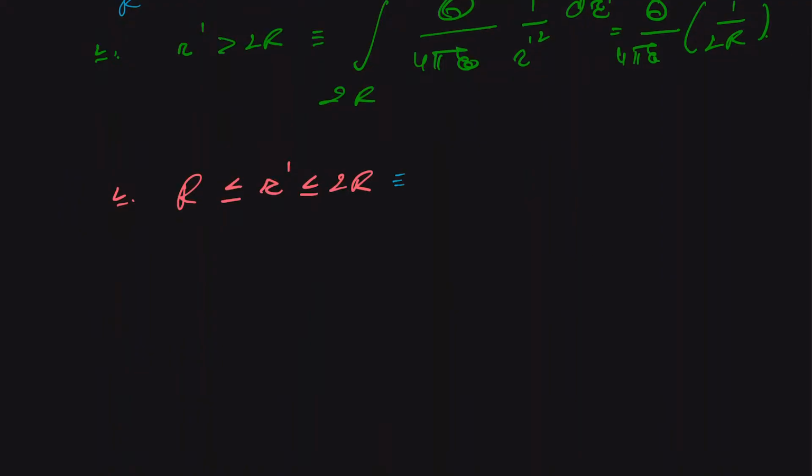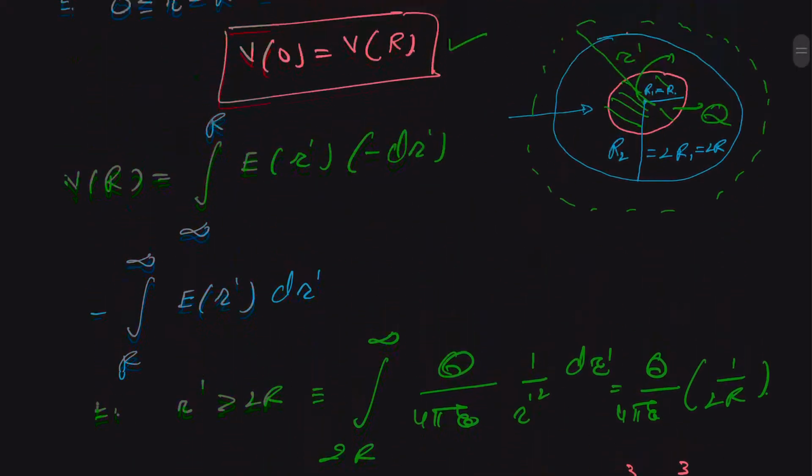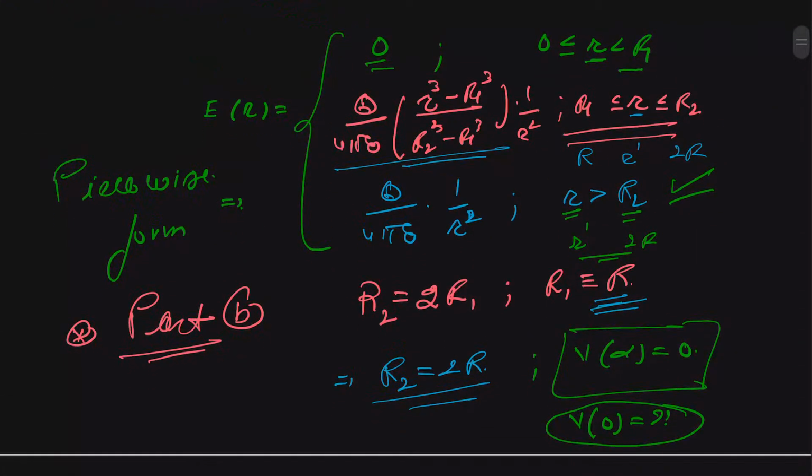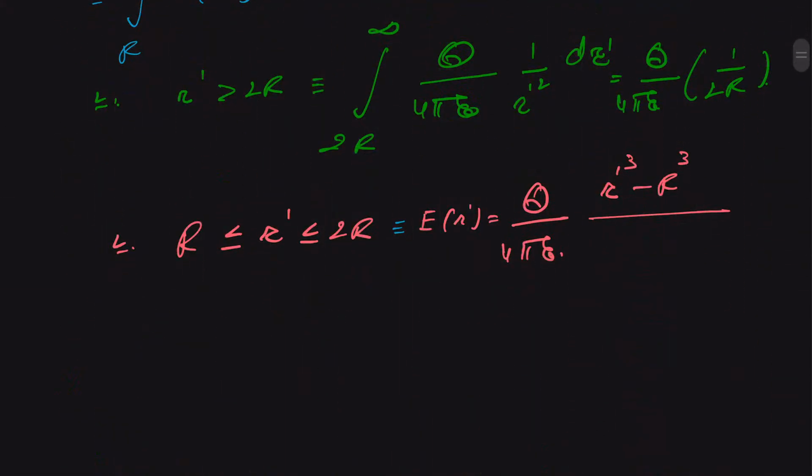Let me write it in terms of r': q upon 4 pi epsilon naught times r' cube minus r cube, and the denominator is r2 cube minus r1 cube, so twice r cube minus r cube, multiplied by r' square.